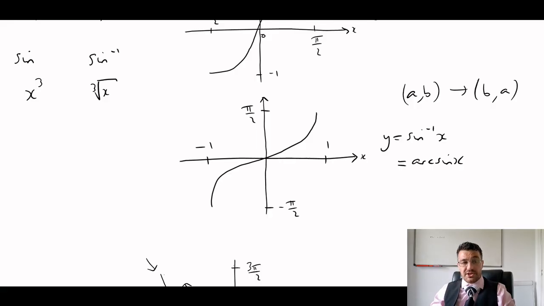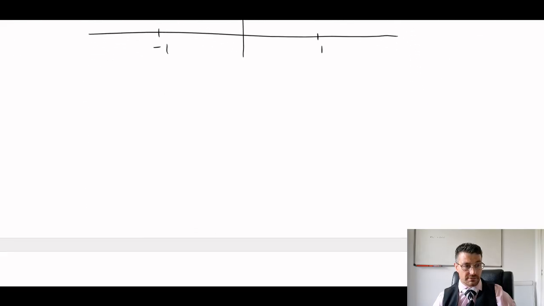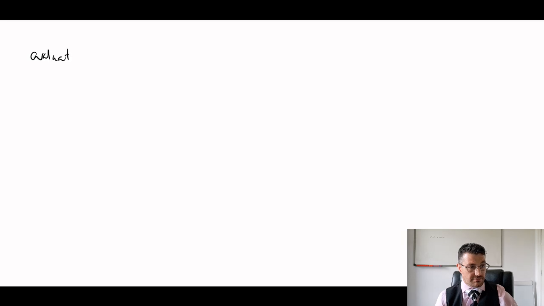So whenever you are asked, let's say you do get this in your textbook from time to time, to evaluate, for example, inverse sine of root 2 over 2, the answer to this would be unambiguously pi by 4.